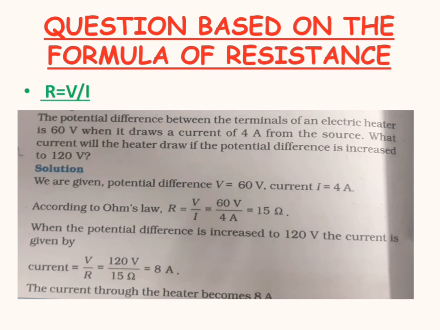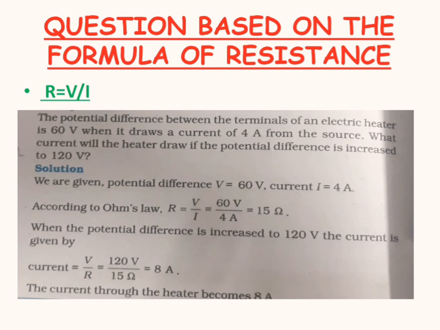Now in the second case it is asking what current the heater will draw if the potential difference is increased to 120 volt. We have increased the potential difference from 60 to 120, and I have told you that if the appliance is the same, then the resistance is also the same. In the first case we have already found the resistance. Now we are going to put this resistance in this formula, and we need to find the current.